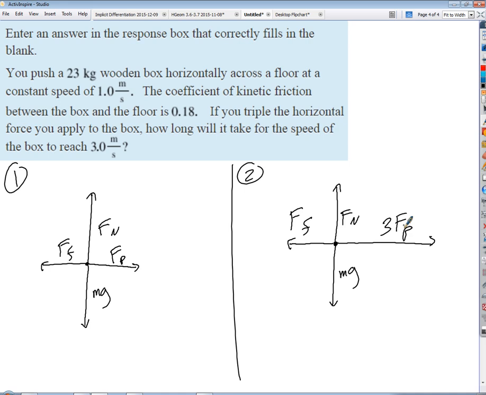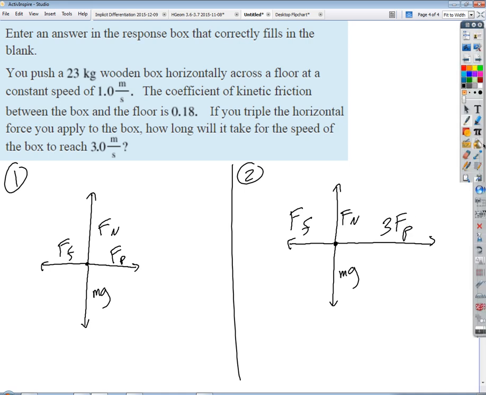So my net force is how much? Maybe two. How much? 200, right? I'd have a net force of 200 newtons, and so I'd end up with an equation like this.